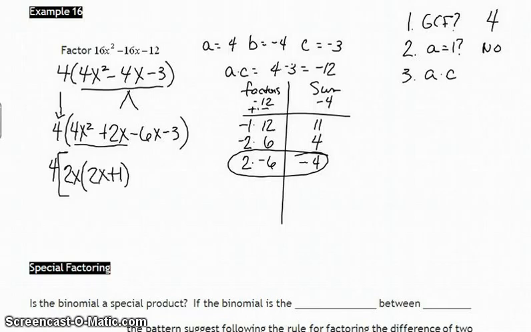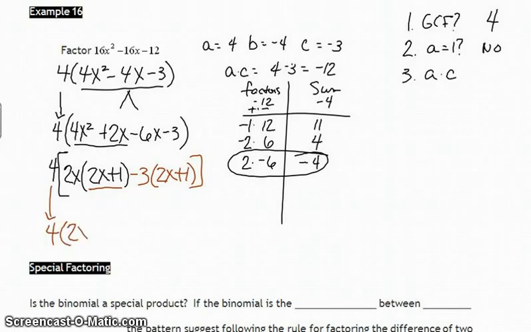Looking at my next set, the greatest common factor is 3. Remembering I have to have my two binomials match exactly, so I'm going to factor out negative 3, and I'll be left with 2x plus 1. Carry down my 4.